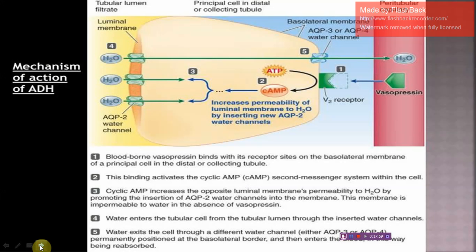Now, what is the mechanism of action of antidiuretic hormone? It acts on the principal cell in the distal or collecting tubule. Here we see aquaporin 3 and aquaporin 4 water channels, and H2O is absorbed by the aquaporin 2 water channel in the luminal membrane.